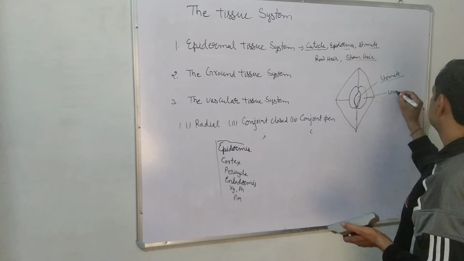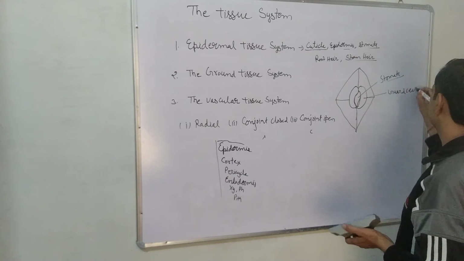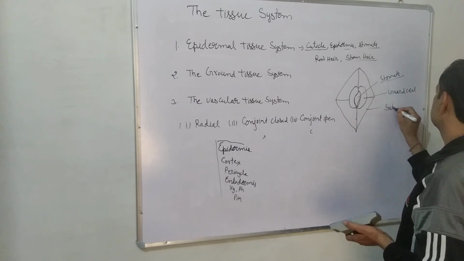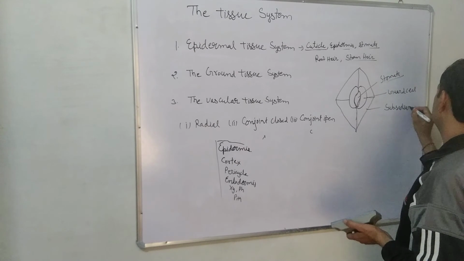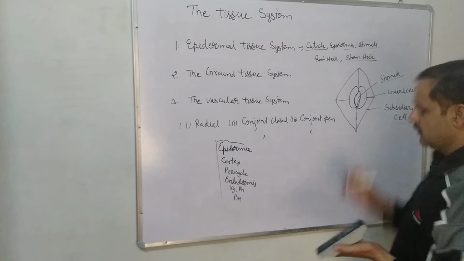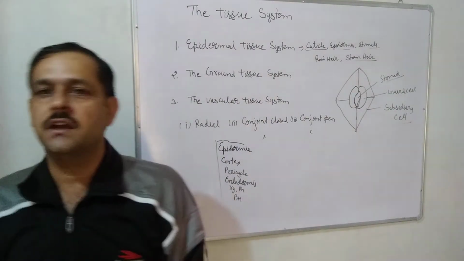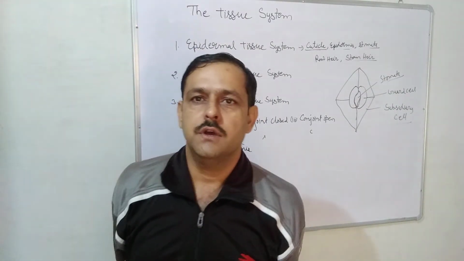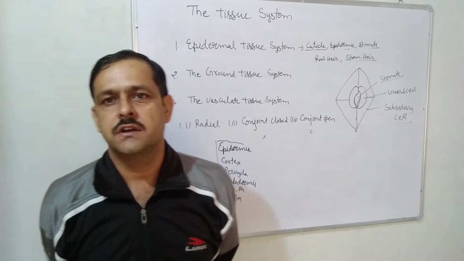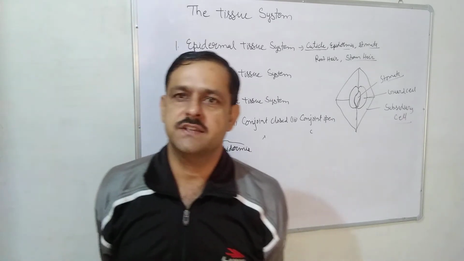This is the guard cell and this is the subsidiary cell. We discuss stomata in the structure of leaf. Stomata do three functions: transpiration, gaseous exchange.